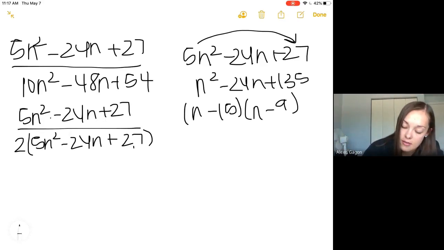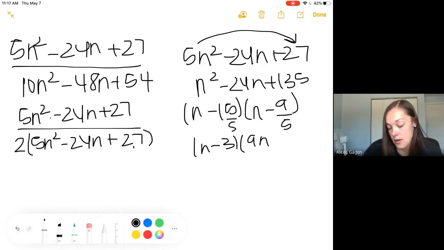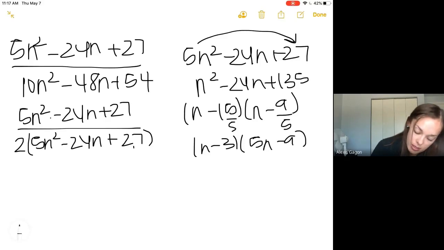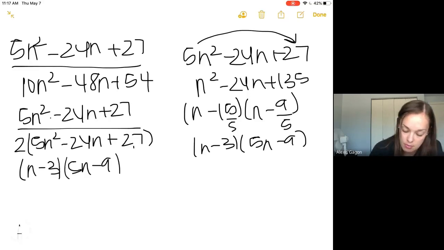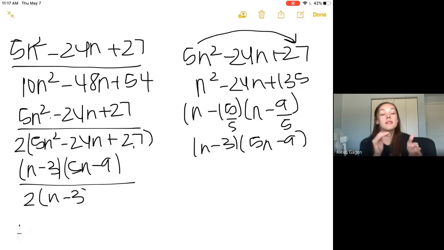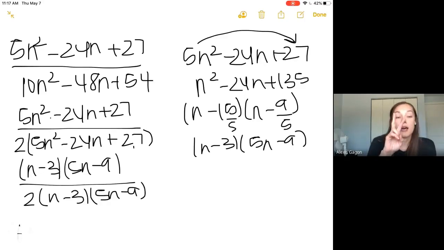So divide by 5. And so I'm left with n minus 3 and 5n minus 9. So over here, this is going to be n minus 3, 5n minus 9 over 2, same exact thing on the bottom. So n minus 3, 5n minus 9. So this is an example where we're going to have two holes.